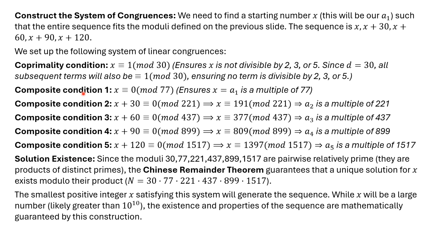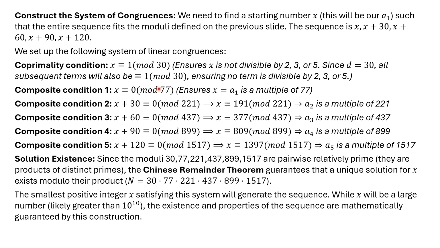Okay, so we're going to put down our system here. First one is x. We want x to be congruent to 1 mod 30. This ensures x is not divisible by 2, 3, or 5. Since d equals 30, all subsequent terms will also be congruent to 1 mod 30, ensuring no term is divisible by 2, 3, or 5. Then we have these 5 conditions. x is congruent to 0 mod 77.